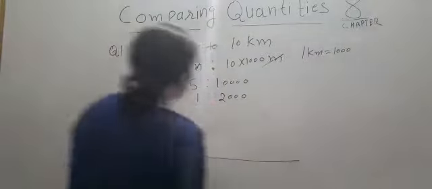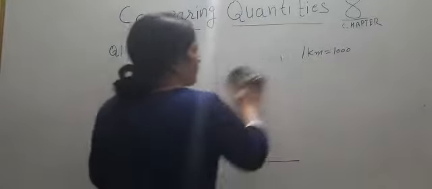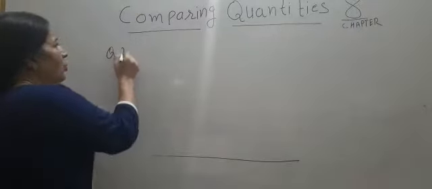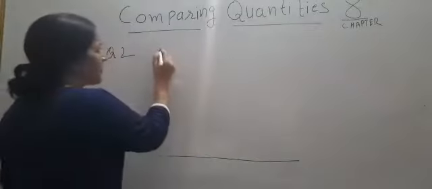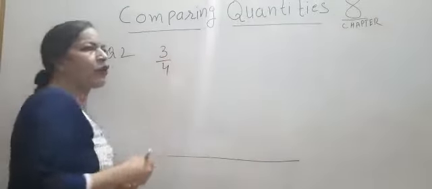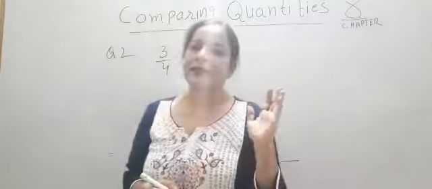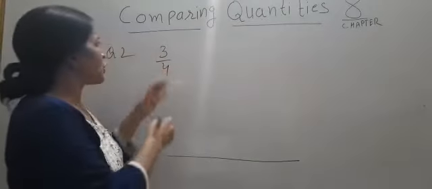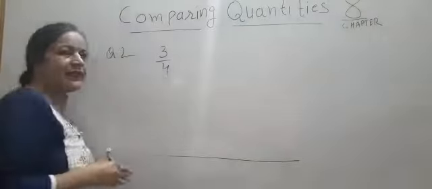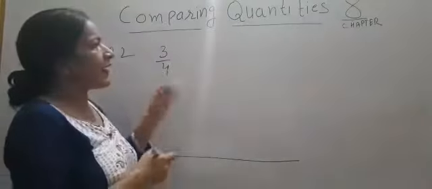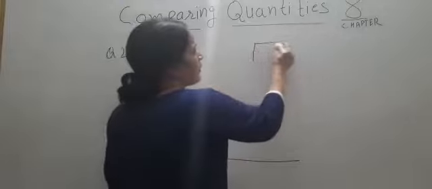Now question number second. In question number second, you have to represent, suppose it is 3/4, and you have to write it in percentage. 3:4. You have to write in percentage. Then how will you write? 3:4.